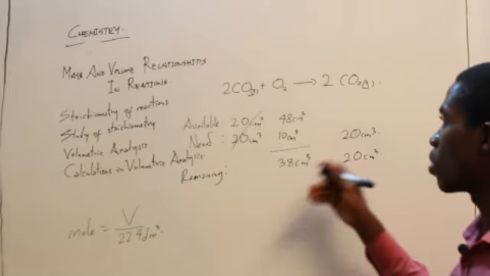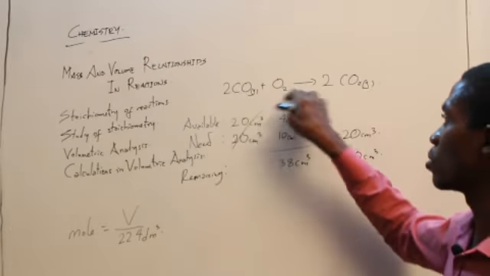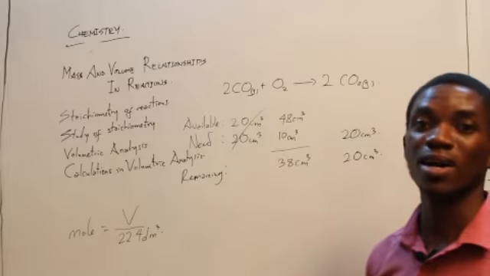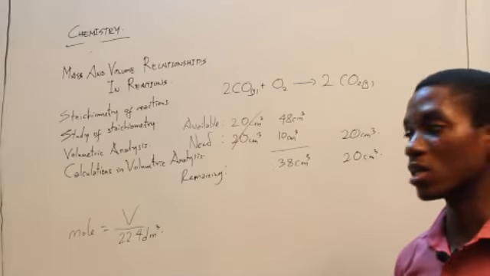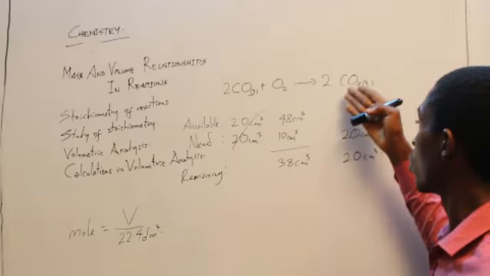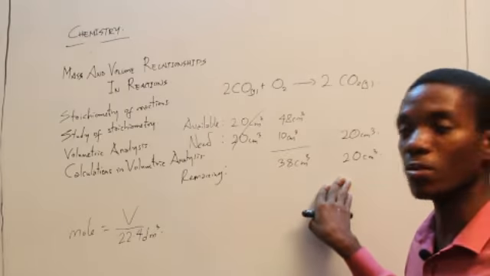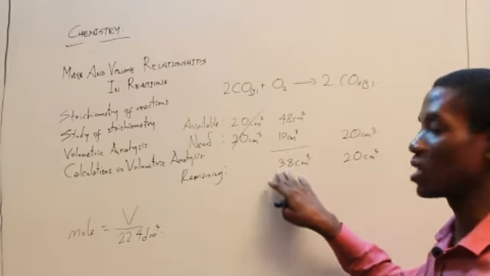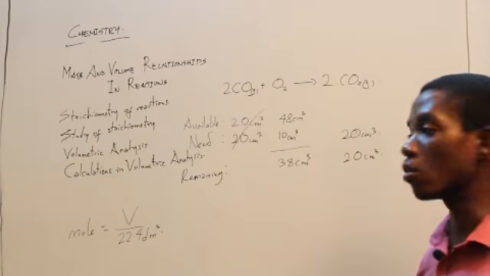This same principle, when we're having 2, 1, 2, also applies when you're working with mass or other substances. So the output product would be 20 cm cube of carbon dioxide and 38 cm cube of oxygen.